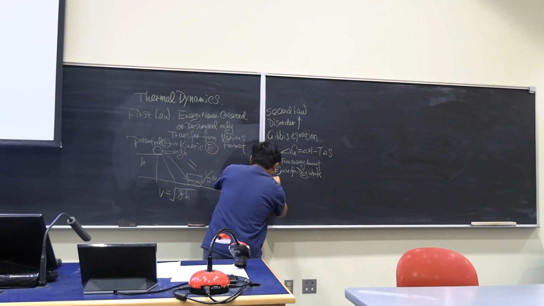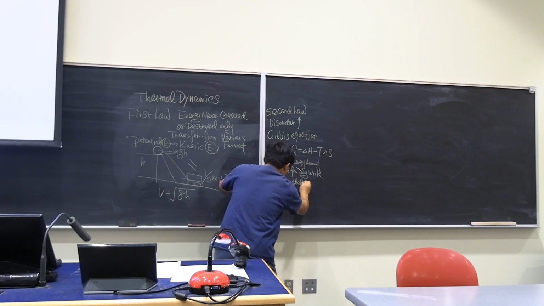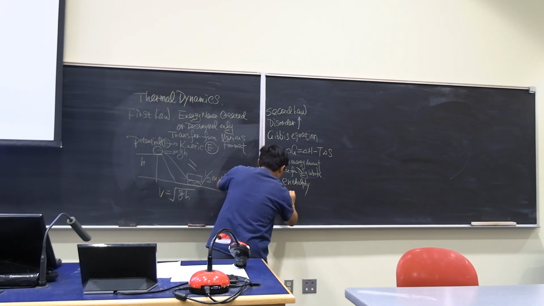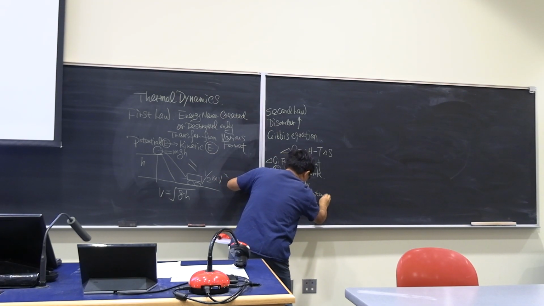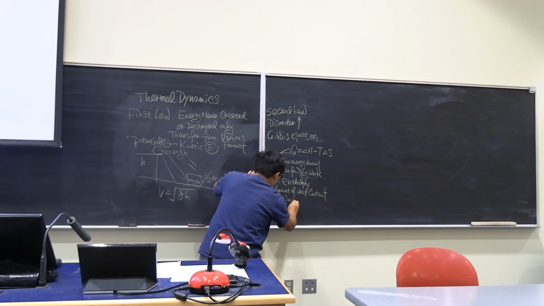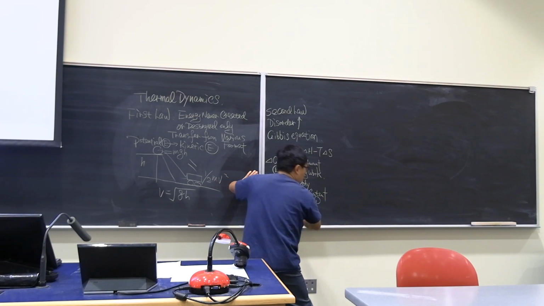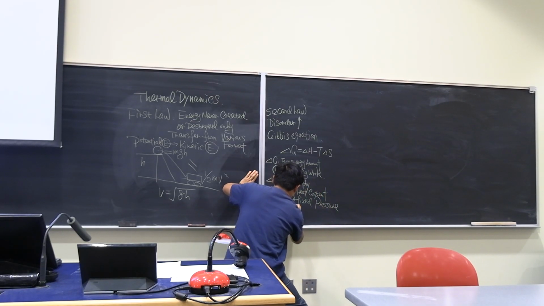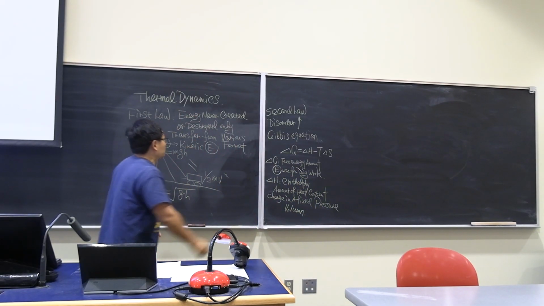And what is delta H? Delta H is called enthalpy. That is the amount of heat content change, or variation, at a fixed pressure and volume. So go back to the thermodynamics.